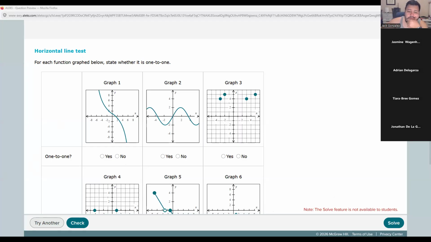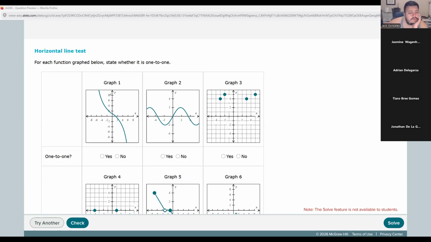Basically, that means every point is mapped to exactly one point, and every point has a unique y value. So no other x can go to the same y.